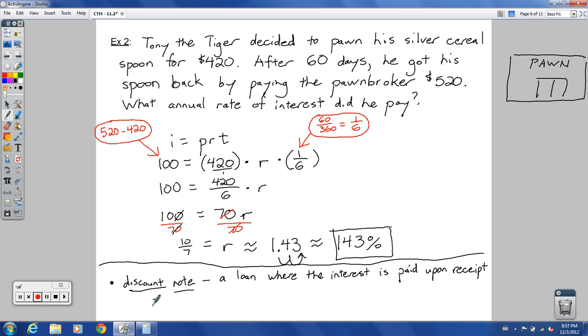So upon receipt of the loan, and the interest charged is called a bank discount. It's called a bank discount.